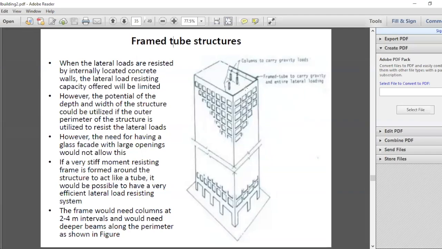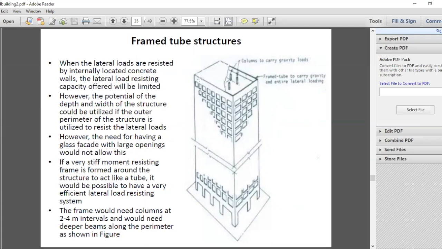And when this side resists the wind load, this will become the web, this will become the flange. And when the loads are acting, it's very useful if we can utilize the flange, because the flange has a very big distance. But what actually happens is we get an effect called shear lag.